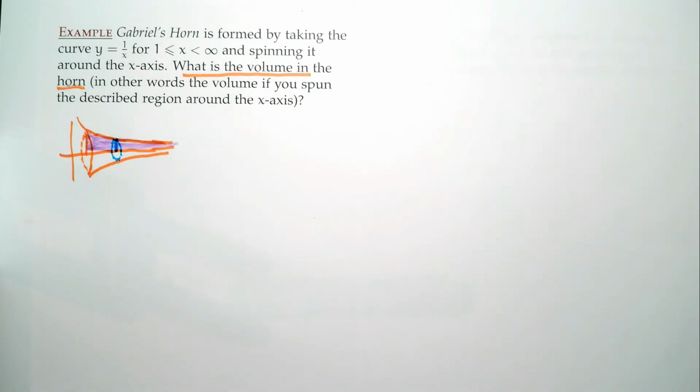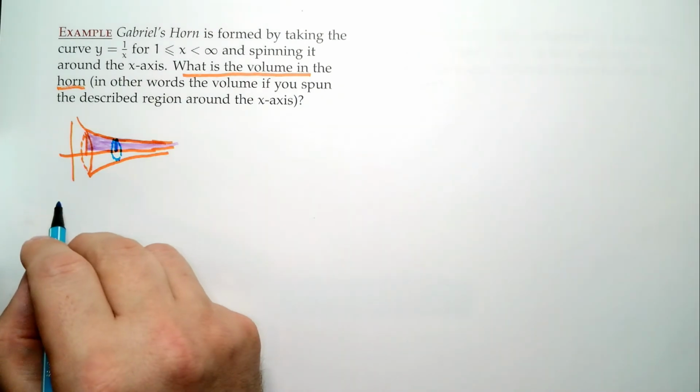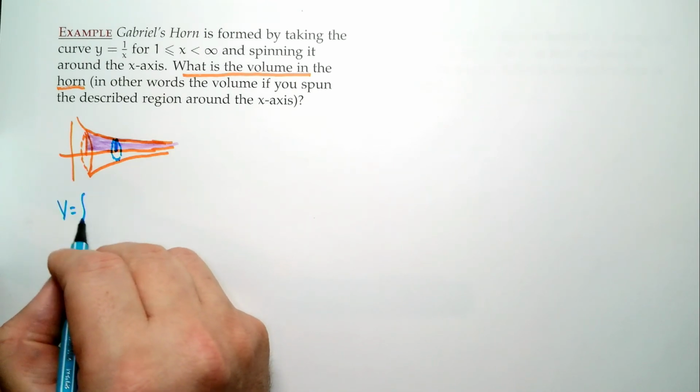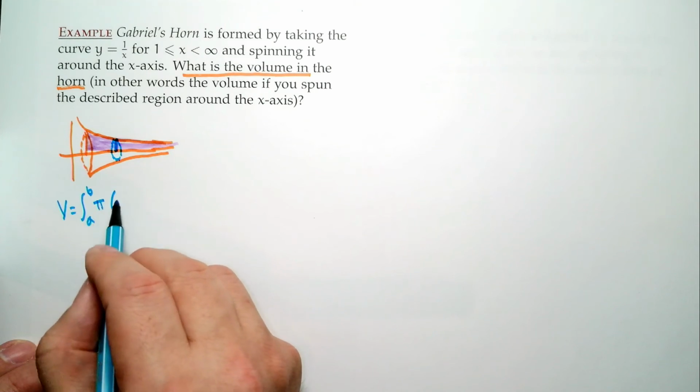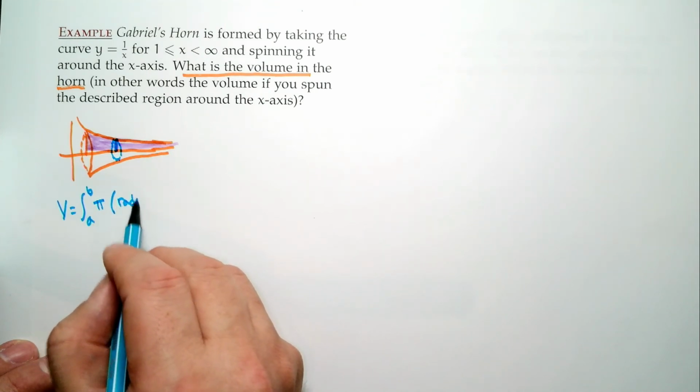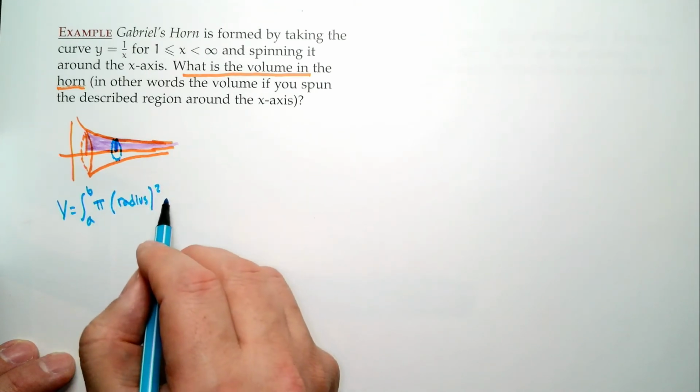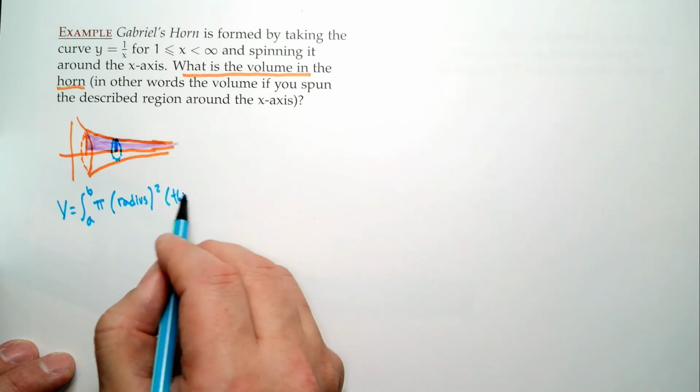We form a circle. So what method do we use? We use the disk, which is a special case of the washer method. Okay, so this is disk, or washer method. So the volume, according to that, we'll write down the generic formula first, is integral from a to b, then pi, then it's the radius squared, and then there's a thickness.